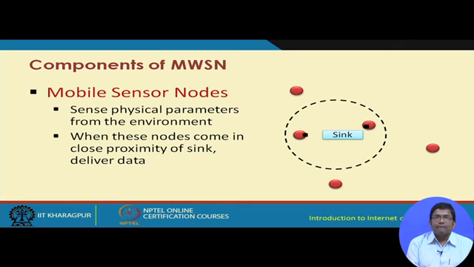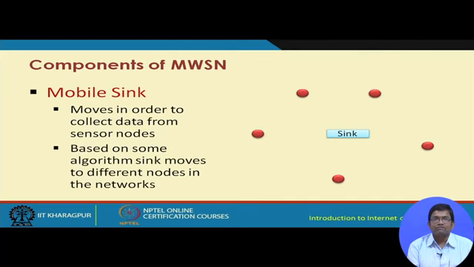In this particular figure, these two nodes have come within the communication range of the sink node, and once they come into the communication range of the sink node, they would deliver the sensed data. Maybe they have sensed that data somewhere outside this range, then they have moved and then they dump that data once they come into the proximity of the sink node.